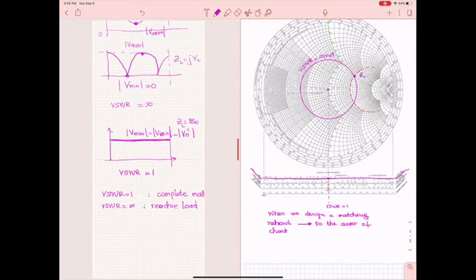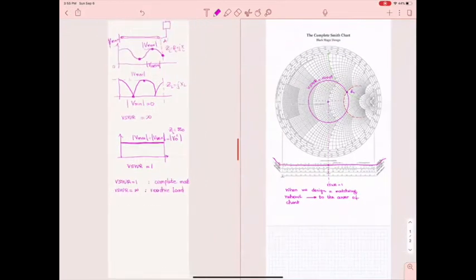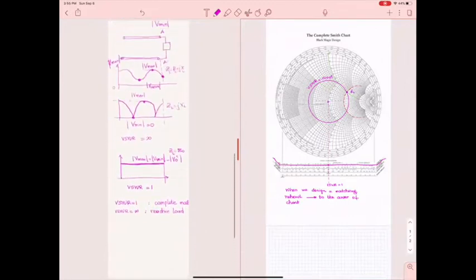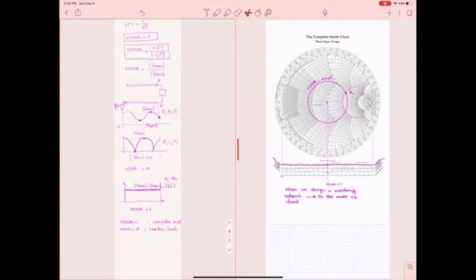So these are the three directions we can take when we move on this VSWR circle. Is that clear? Any questions in relation to this? I don't hear any.